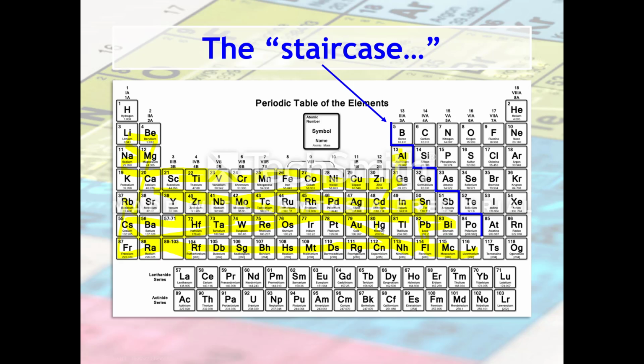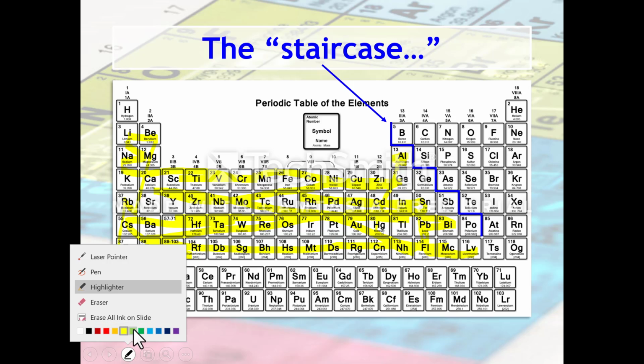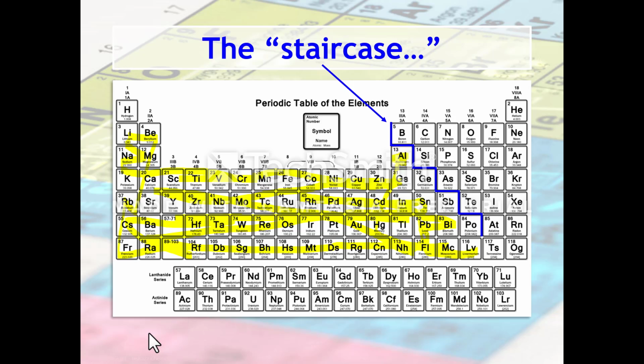So aluminum is a full metal. Hydrogen is our exception there, right? So there's always an exception in science. Can't get around it. I teach your rule, but then there's always an exception to that, right? Okay, so hydrogen's a nonmetal, right? But everything to the right of the staircase is a nonmetal. Okay, so I'm just highlighting this in here for you.